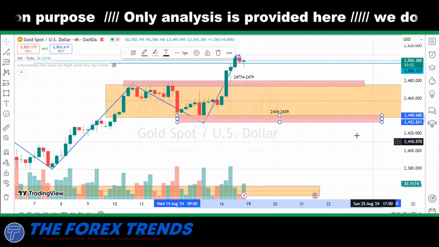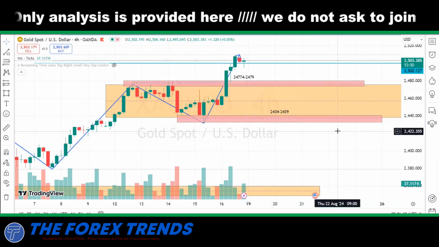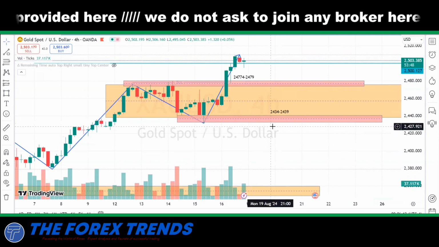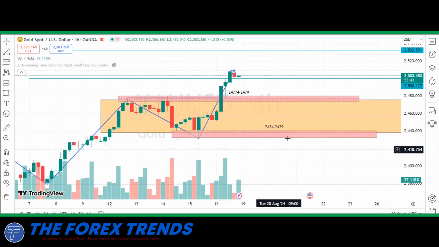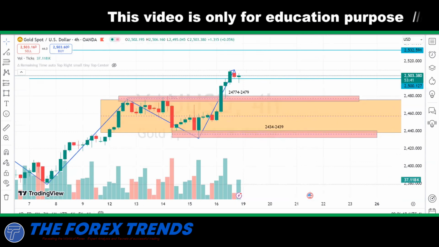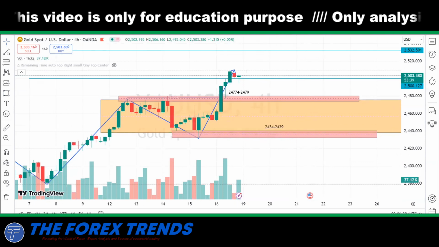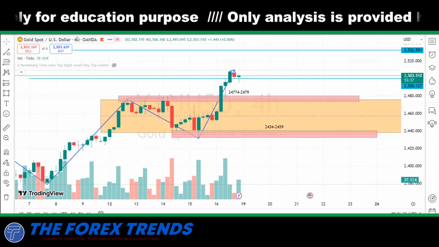Okay. So both zones are for initiating a buy on gold. If we get the price at these zones, we will initiate a buy in gold.